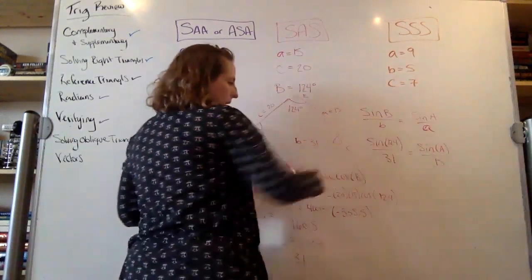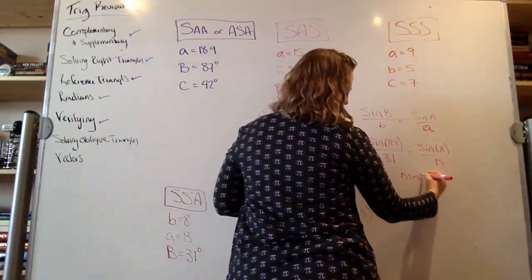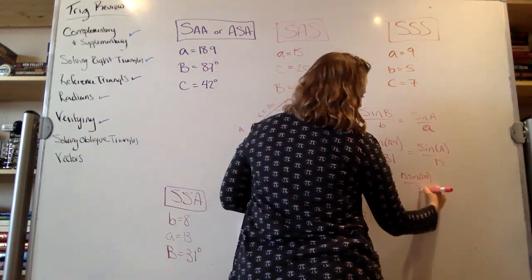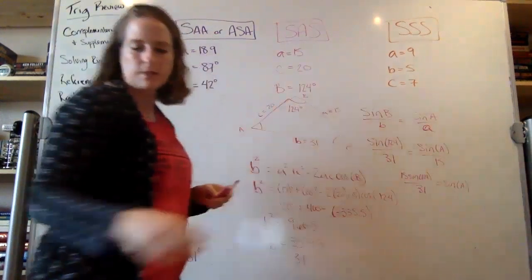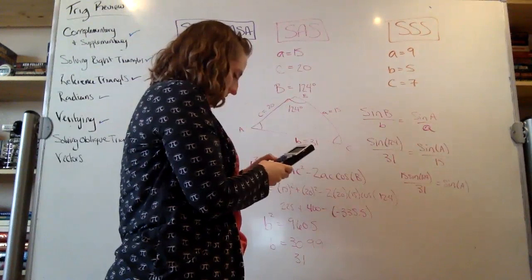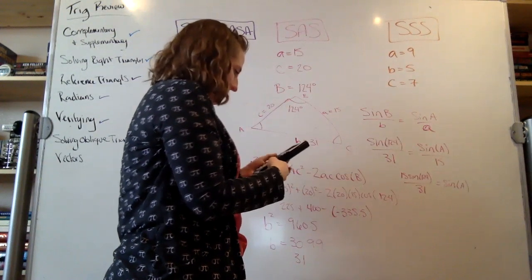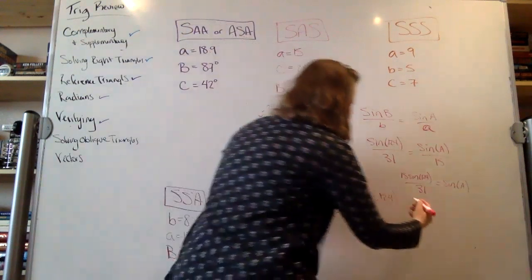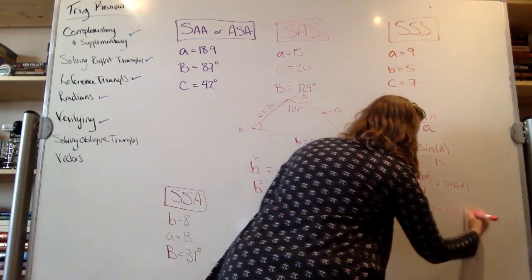Okay, multiplying both sides by 15 gives me 15 sine of 124 over 31 equals sine of A. I'm going to go ahead and get a decimal approximation for that left-hand side. 15 sine of 124 divided by 31 is 0.388. So 0.388 equals sine of A.